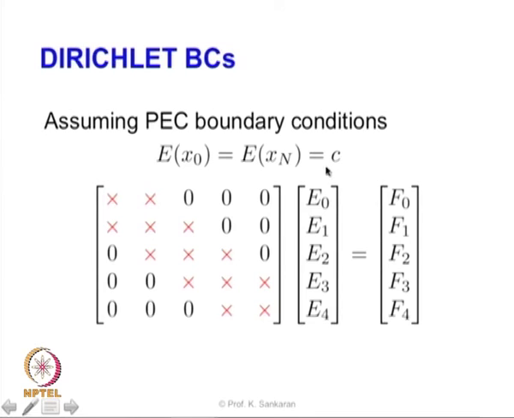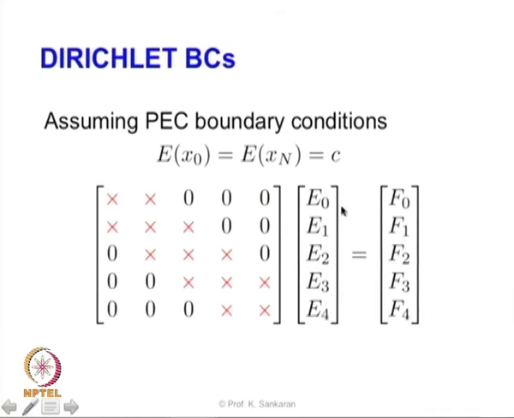If it is a perfect electric conductor, the tangential components will be 0. If it is not a perfect conductor, if it is a jump condition, you will have certain values. Let us assume that it is going to be a certain value C, and we are now going to substitute this inside this matrix.